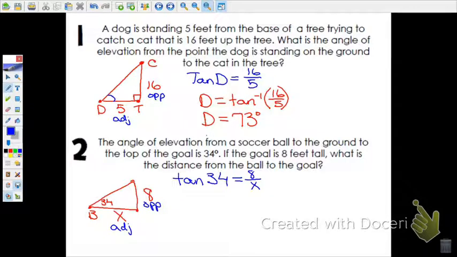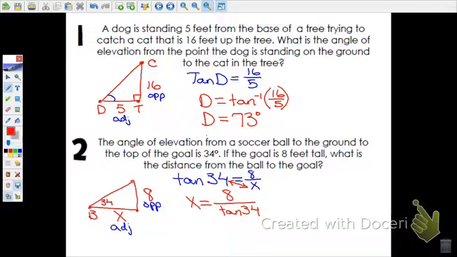So how am I going to get that variable all by itself? Swap tangent 34. When our variable is in the denominator, this is where I showed you that trick where we're going to flip those two pieces. So x equals 8 over tangent 34.